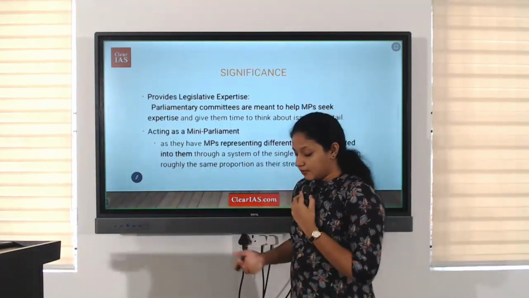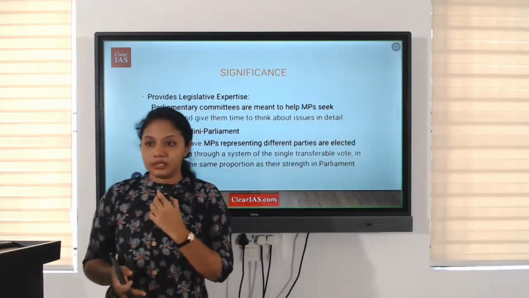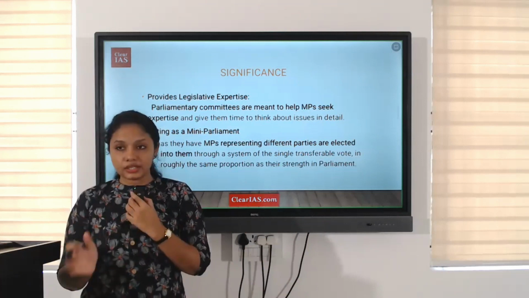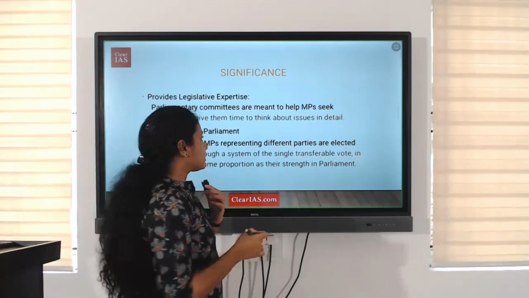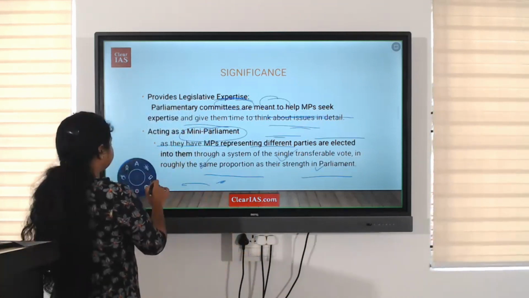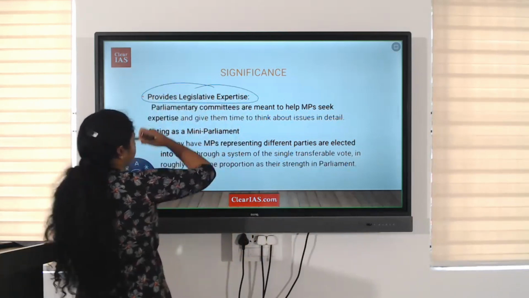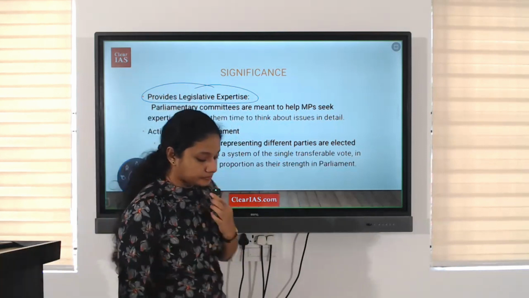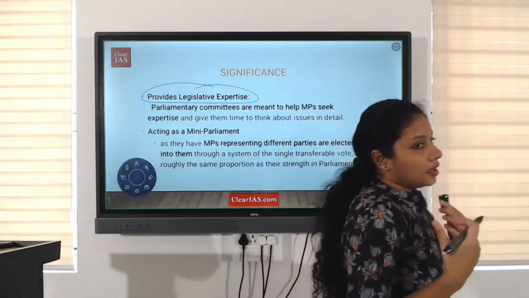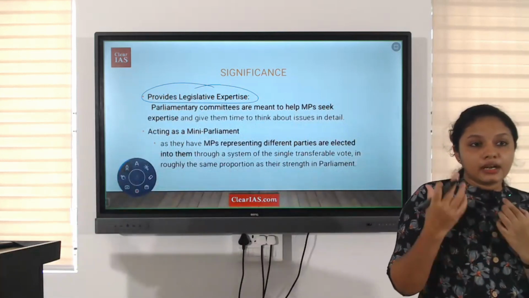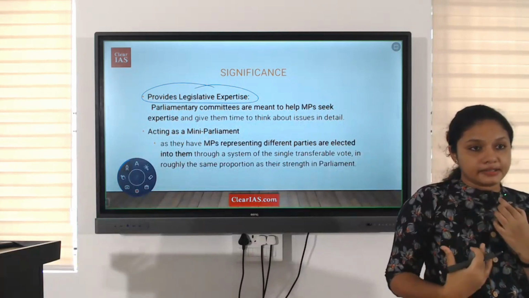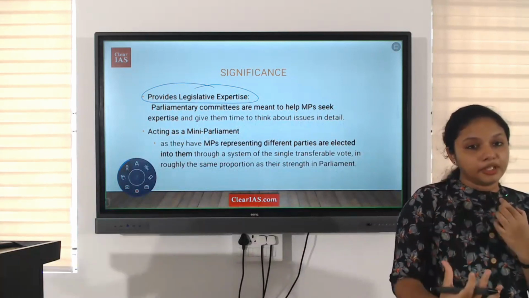Now, what is the significance of the committees? Parliamentary committees in general. Okay. The first and the foremost is to provide legislative expertise. We know that we are electing someone as a representative of ourselves. That is the MP.